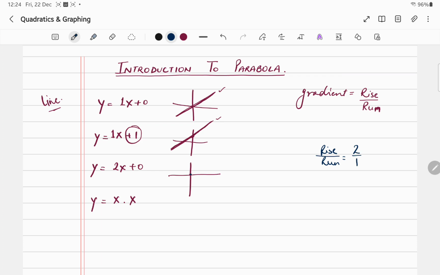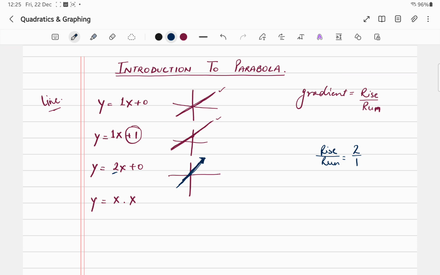So you rise 2 and then you go right 1. That means it is not parallel to the two lines that we have drawn above, but it is steeper. Because the gradient has increased, the slope has increased now, right?